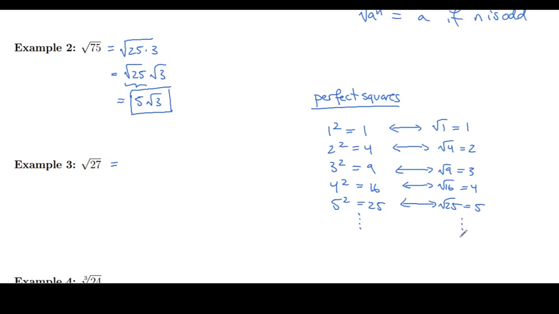I think you get the picture, but you have this correspondence between squares and the square roots, and hopefully that makes sense with perfect squares. And similarly, you could write out a list for perfect cubes. But 27 has a factor that's one of these perfect squares here. It has a factor of 9. So we could write that as 9 times 3, and this as the square root of 9 times the square root of 3, and that is 3 square root of 3.